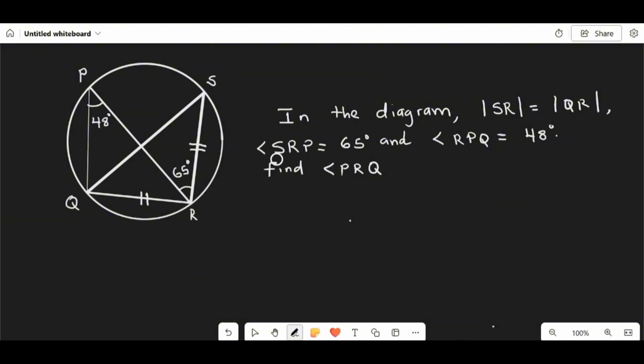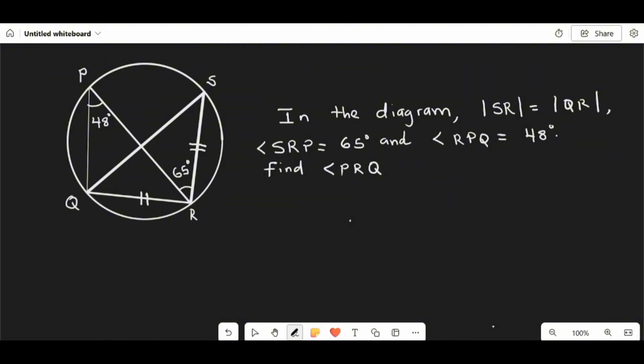Also, angle XRP is equal to 65 degrees, and angle RPQ is equal to 48 degrees. Find angle PRQ.